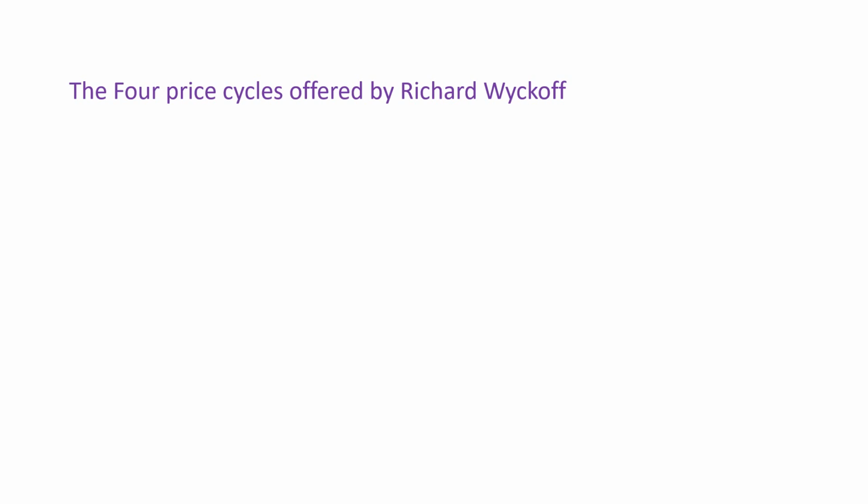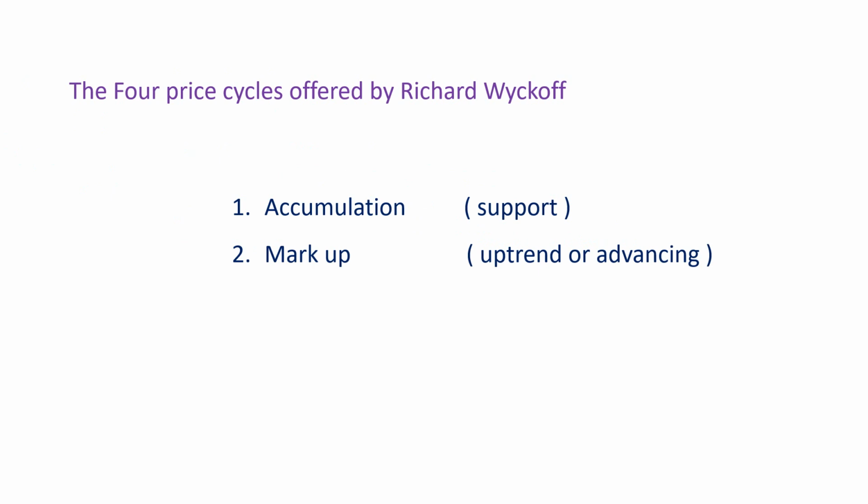So in general, we have 4 different cycles to introduce and discuss in this video, and they are as follows. The first one is the accumulation cycle, which some professionals call support. The second one is markup, as Wyckoff suggests, which some others consider an uptrend or advancing cycle.